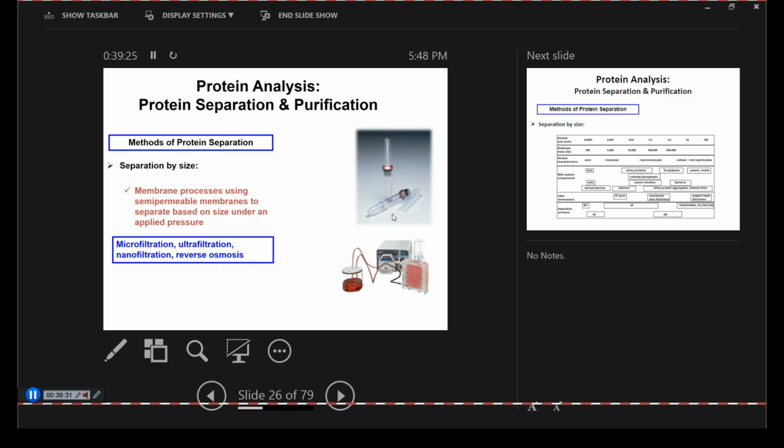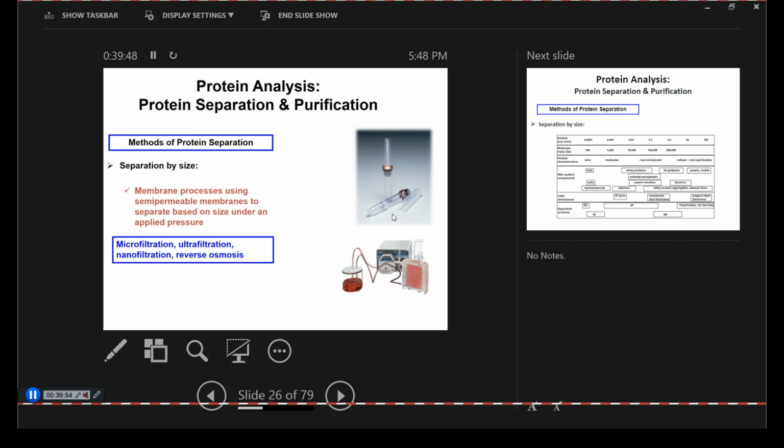And then with some back pressure from the pump, it will force your salt to go out rather than using osmotic pressure, letting it happen on its own. You use pressure to make it go. And then your salt comes out of that filtrate and goes to waste. And then your sample that can't pass through the pores gets recirculated back in.